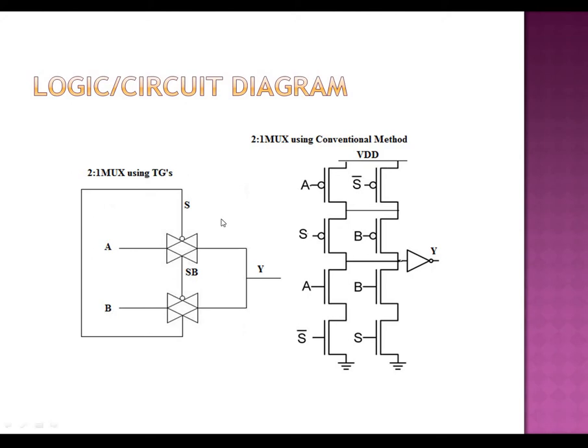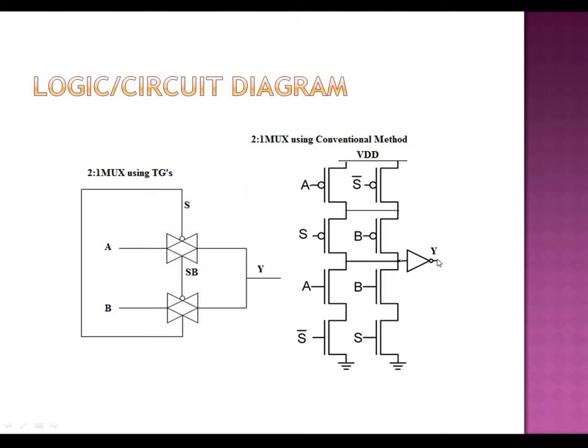So for the same expression, that is A S bar plus BS, here you can see the logic diagram for the conventional method, that is using the CMOS method. So we need to have both the P channel MOSFET as well as the N channel MOSFET. As we all know, with CMOS, when we make any structure, it will be the inverted form.